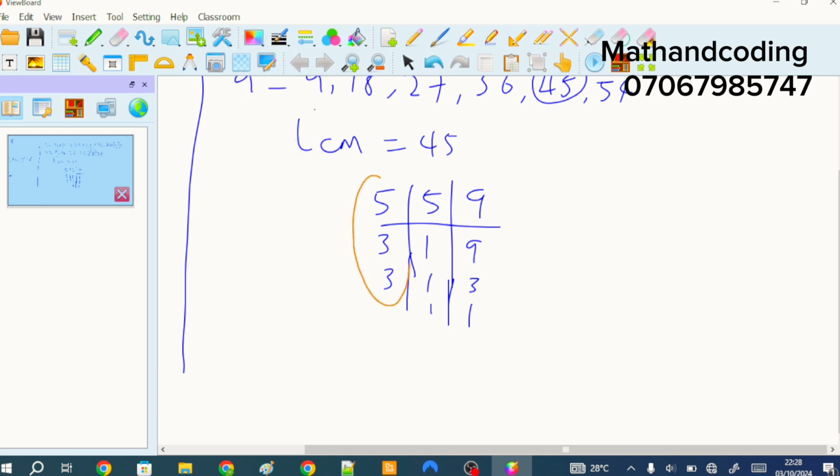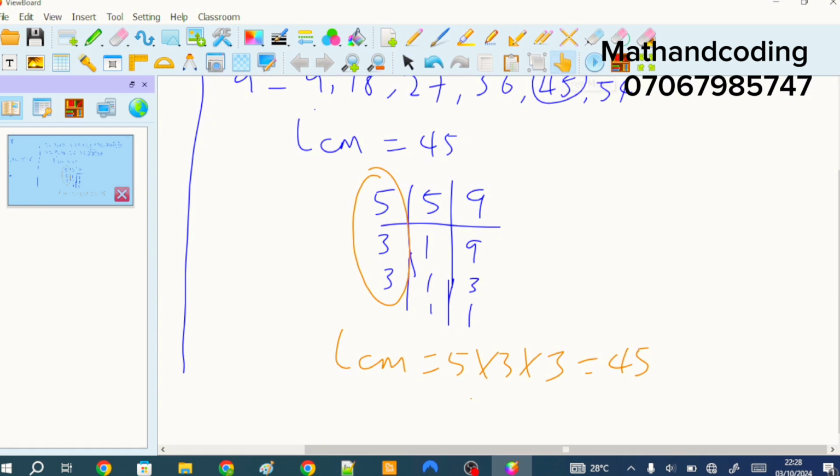We used 5 initially, used 3, and used 3 again. So LCM will be 5 times 3 times 3. 5 times 3 is 15. 15 times 3 is 45. You see, I still got 45, but I did not have to write multiples and multiples and multiples until I got to a common multiple of 45.